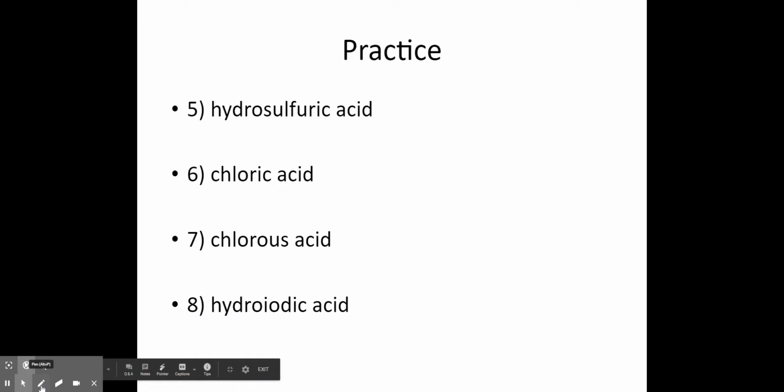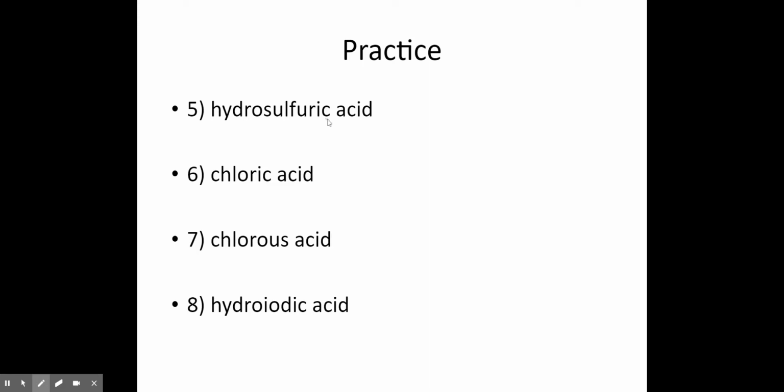Now to go from the name to the compound formula, we have hydrosulfuric acid. So because it starts with hydro, I know it is binary and only has two elements. My first one is H, and its charge is +1.